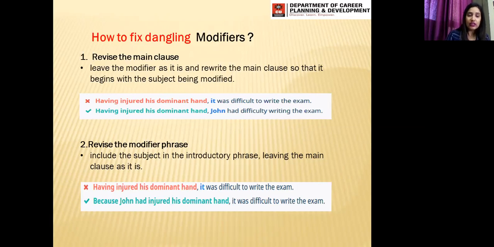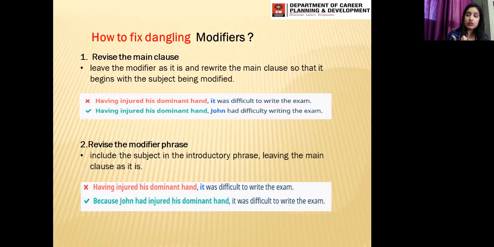We can make out that we are talking about some person. "It was difficult to write the exam." For whom it was difficult is not clear.